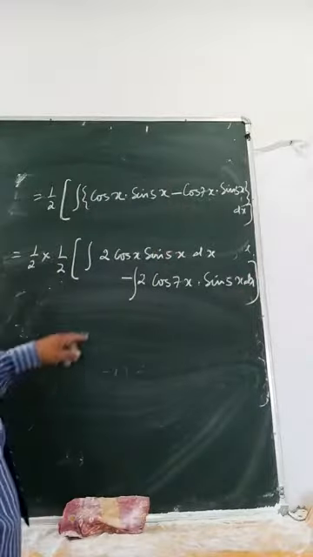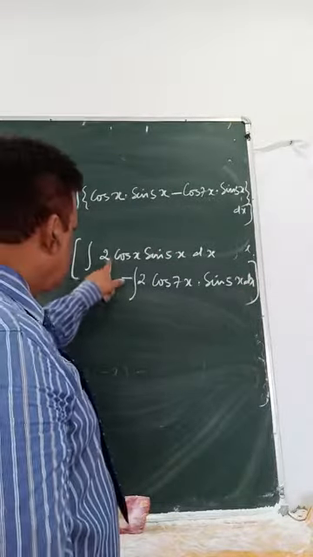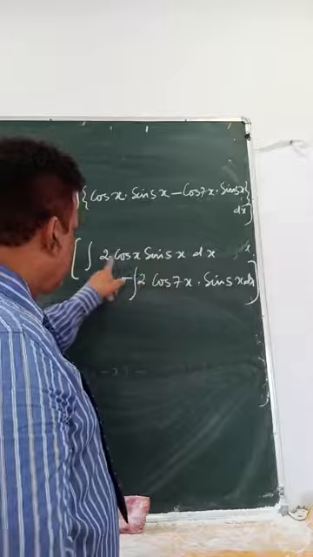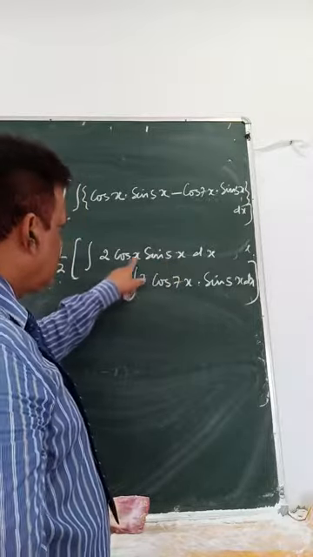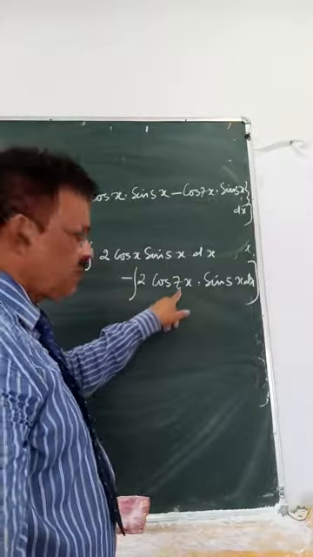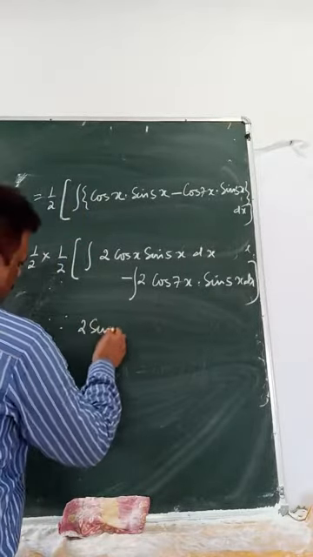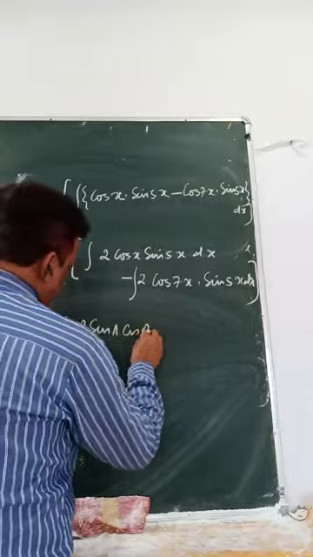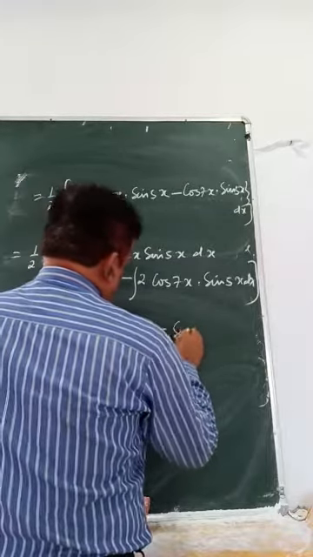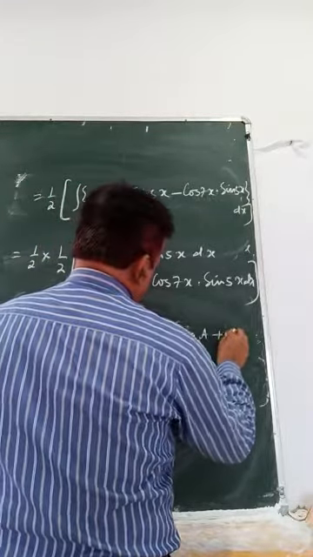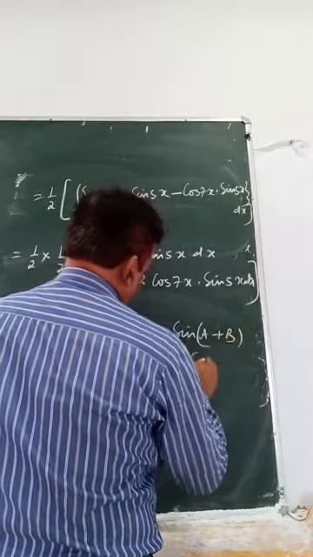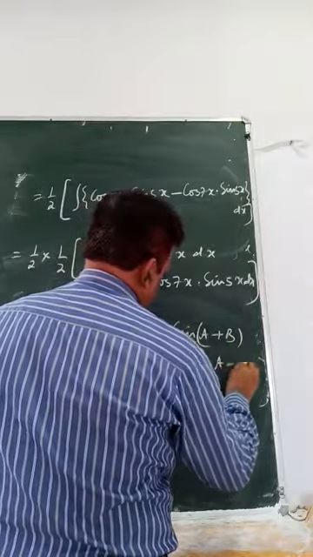Which formula here? 2 sin a cos b. Look at 2 sin a cos b: sin(a plus b) plus sin(a minus b).